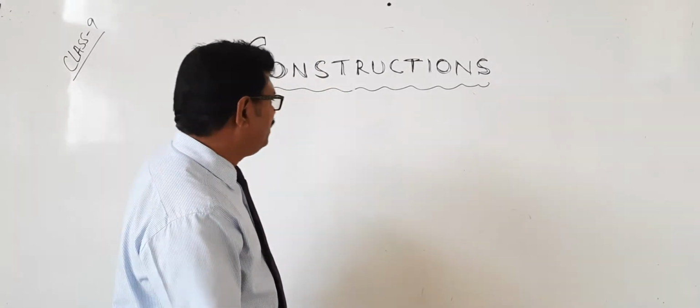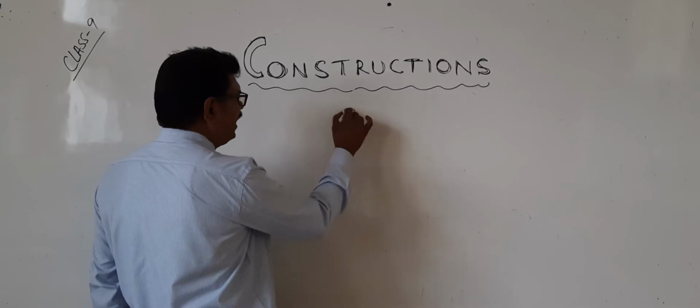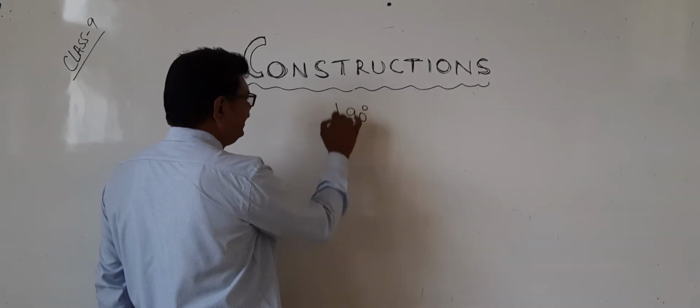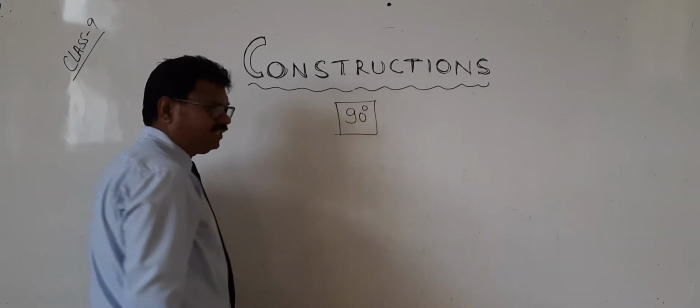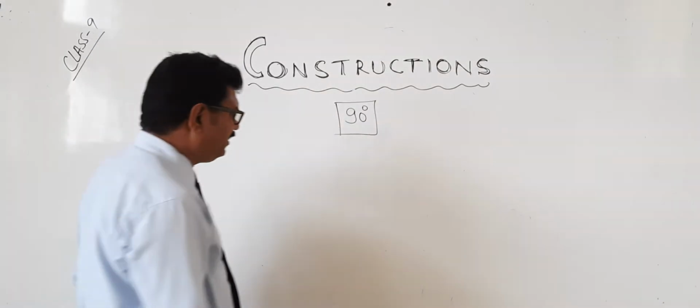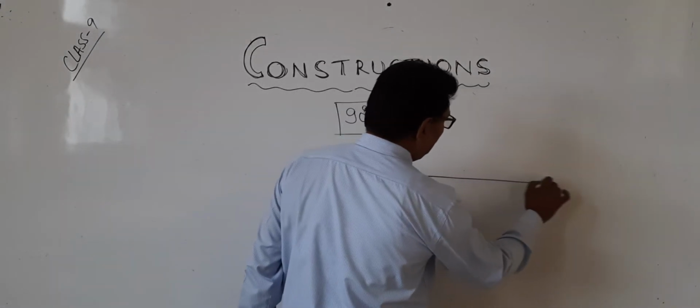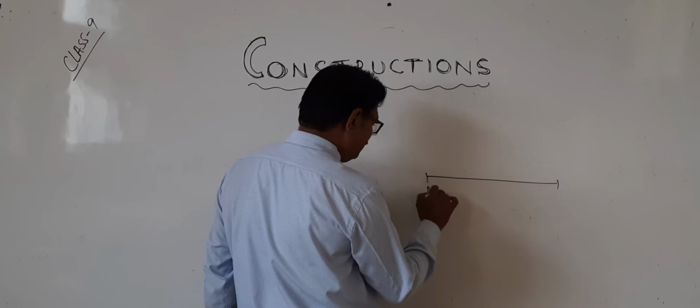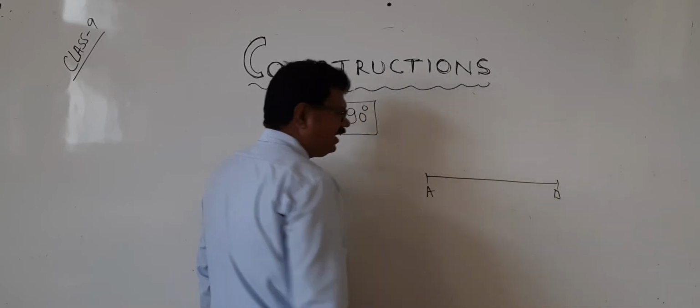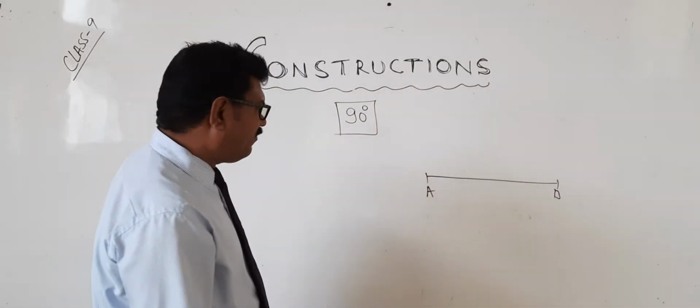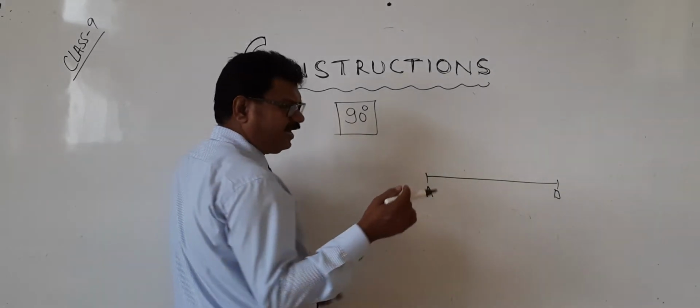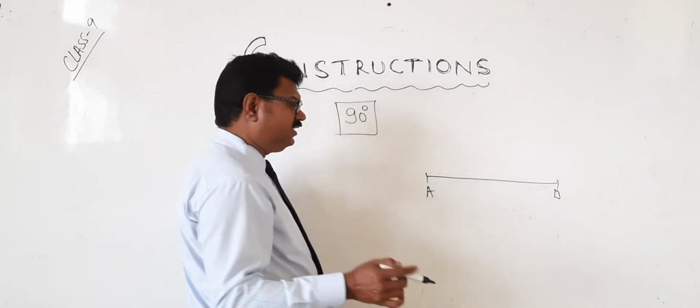Right. For example, I have to construct 90 degrees. How to construct 90 degrees? Very, very simple. First, you draw one line segment.